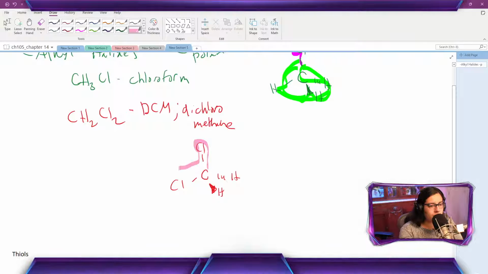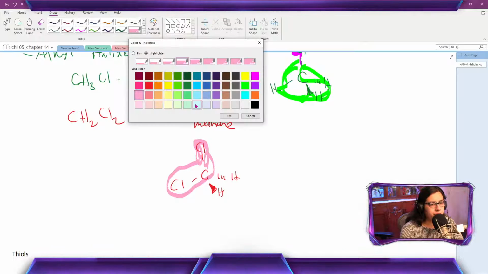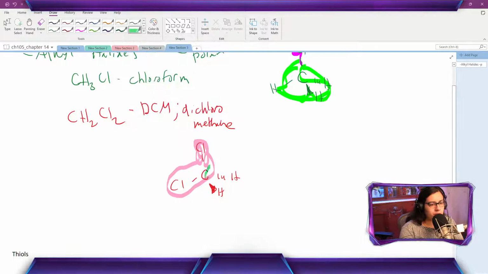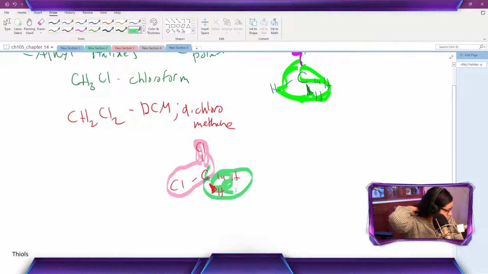So this side is going to be more electronegative, and this side's going to be more positive. And so size also contributes to the boiling point.